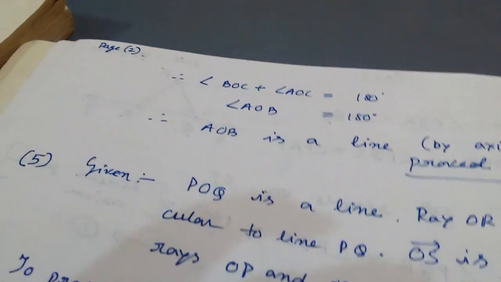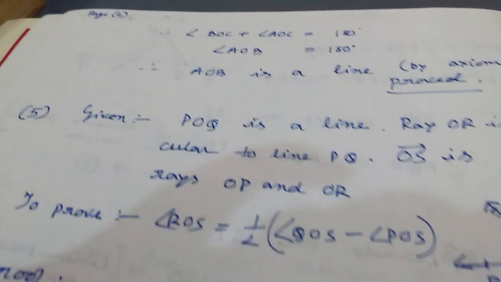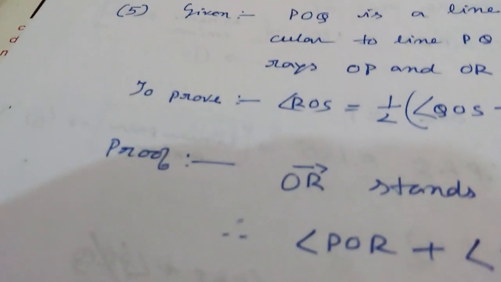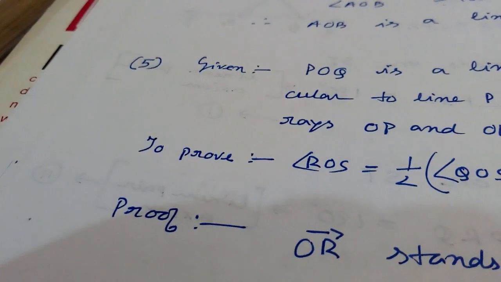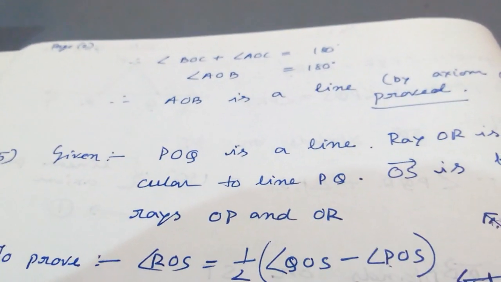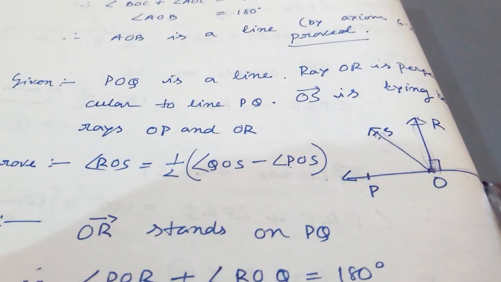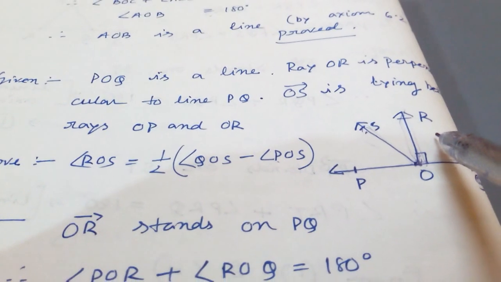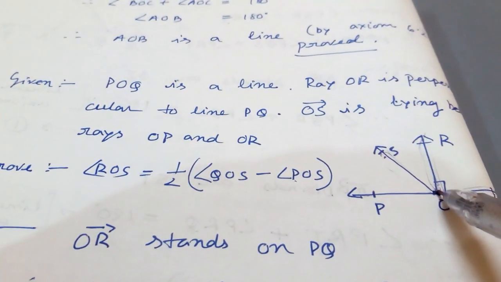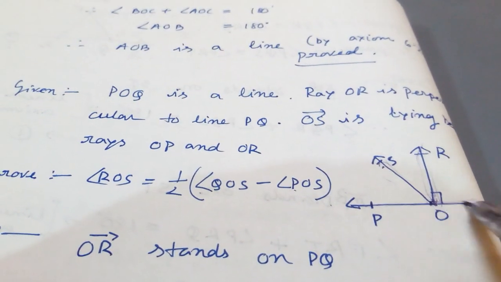Number 5. POQ is a line. Ray OR is perpendicular to PQ.